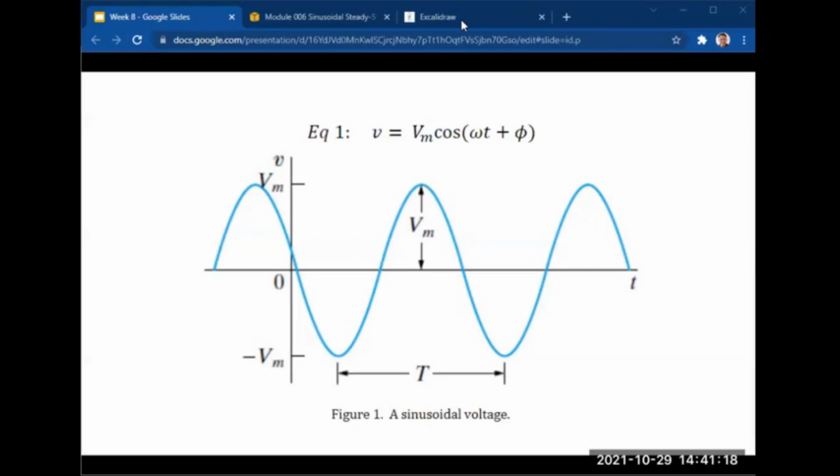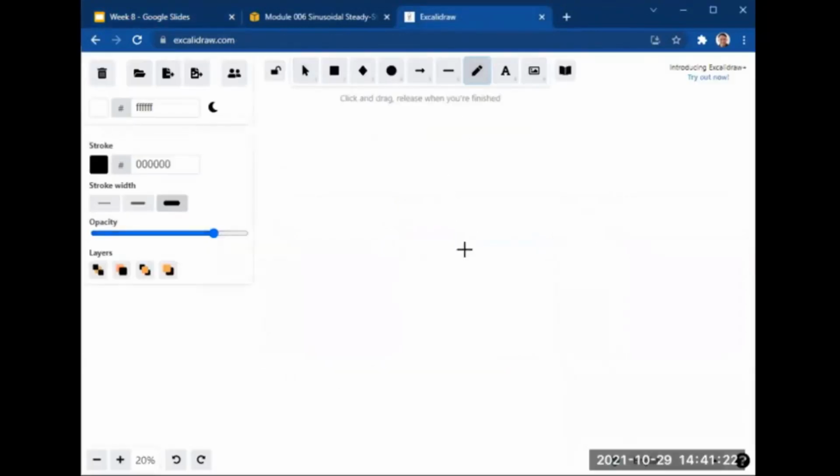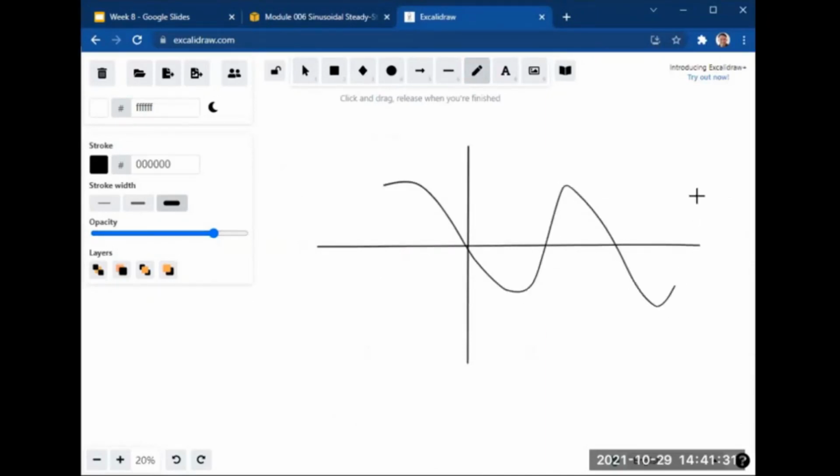Either will do. What is the difference between sine and cosine function, by the way? Let's just search.